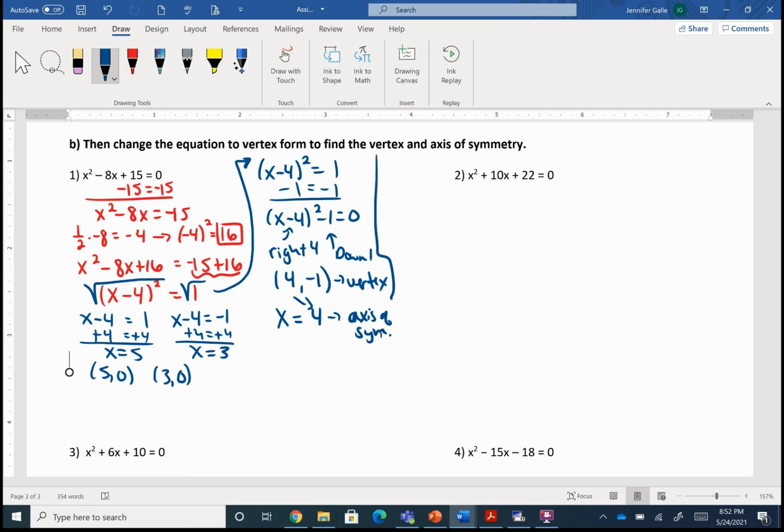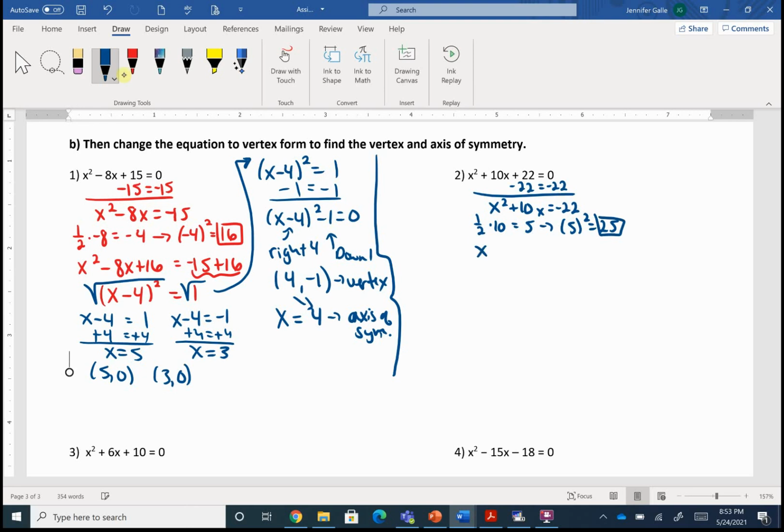All right, same exact process going into question 2. Move our c value, which is our constant, to the other side. So we're going to subtract 22. So x squared plus 10x is going to equal negative 22. Half of 10 is 5. We square 5 and we get 25.